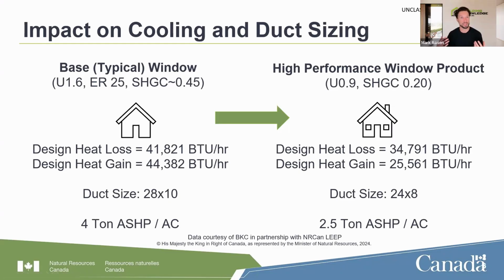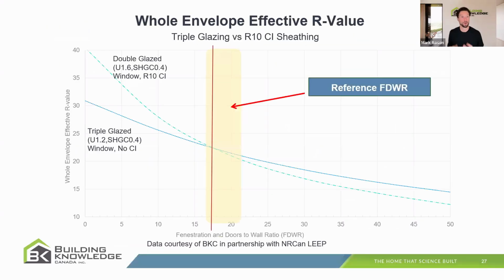So if you're looking at gaining some headspace in your basement and redoing your ductwork to do that, here is a 24 by 8 main trunk as opposed to a 28 by 10. And we know that every inch counts in older homes and basements when we're trying to renovate those homes. Who would have thought? You're looking for ceiling height in your basement, you should consider what choice you're making for your windows, right? Something kind of interesting.